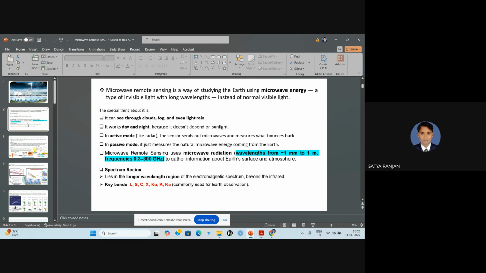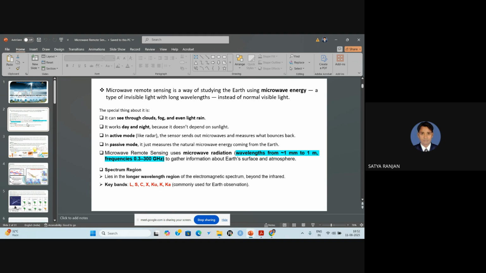Optical and thermal remote sensing have issues with clouds, because their EMR radiation does not penetrate through clouds due to the low wavelength. Due to the high wavelength of microwave remote sensing, it penetrates through clouds and fog, and also works day and night.